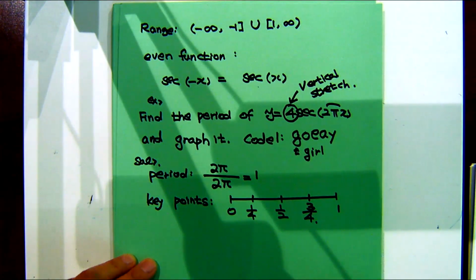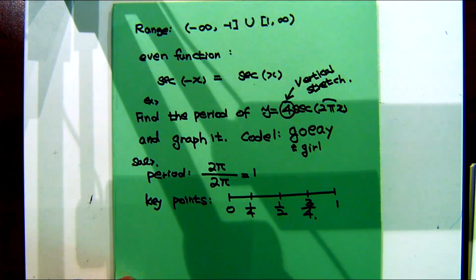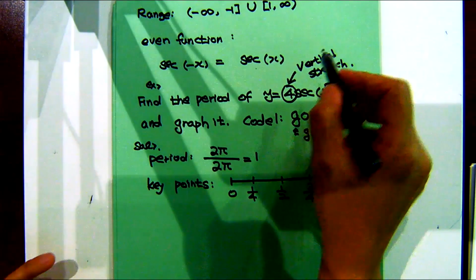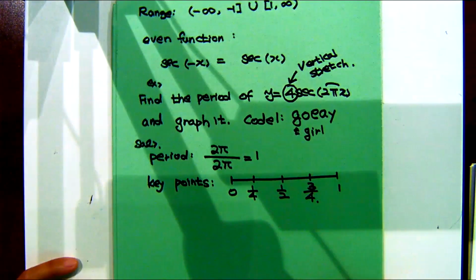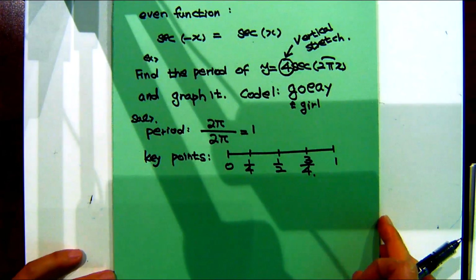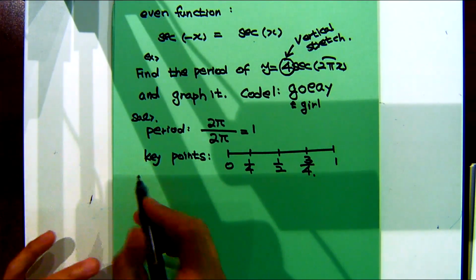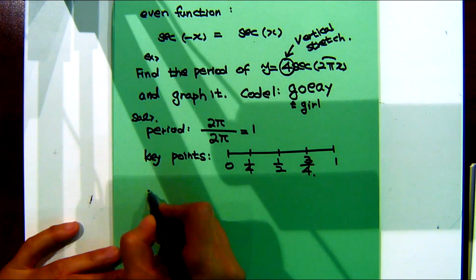So that is a vertical stretch. How is that affected? Amplitude affects maximum and minimum. This vertical stretch for secant will affect the local maximum and local minimum.